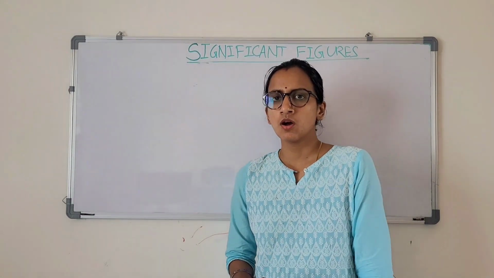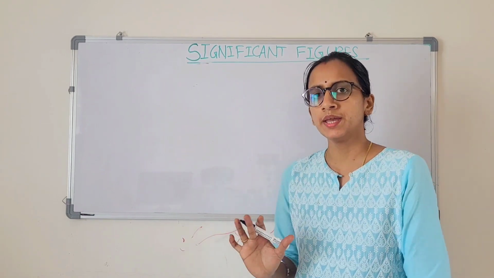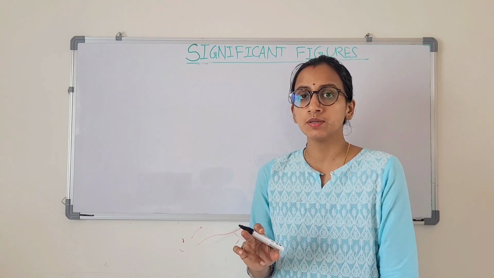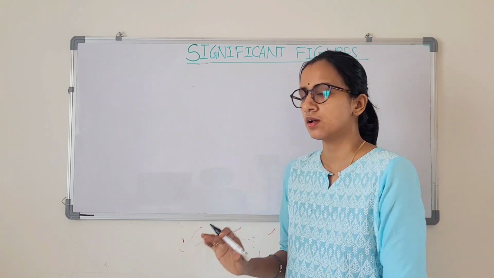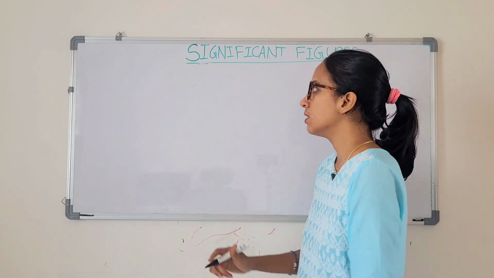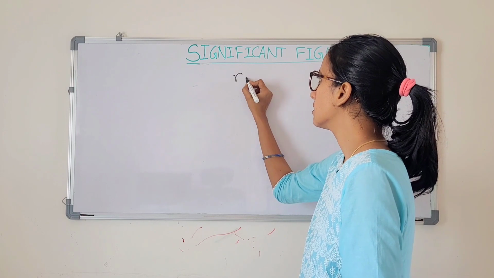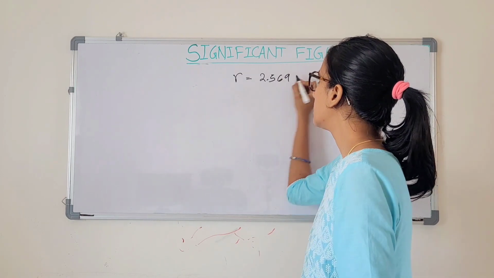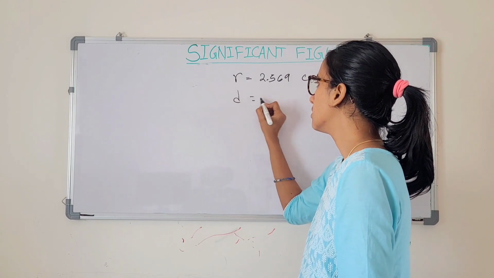Apart from these laws, there is another important thing you should remember. The multiplying and dividing factors in a measurement are exact numbers, and they can have infinite significant figures. For example, you are given that the radius of a sphere is 2.569 centimeter, and you have to find the diameter.